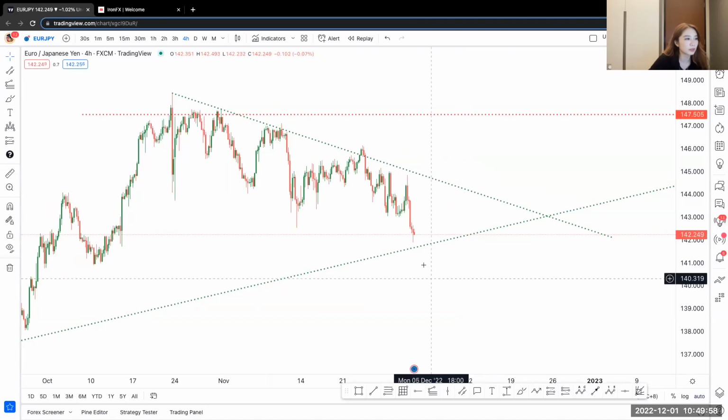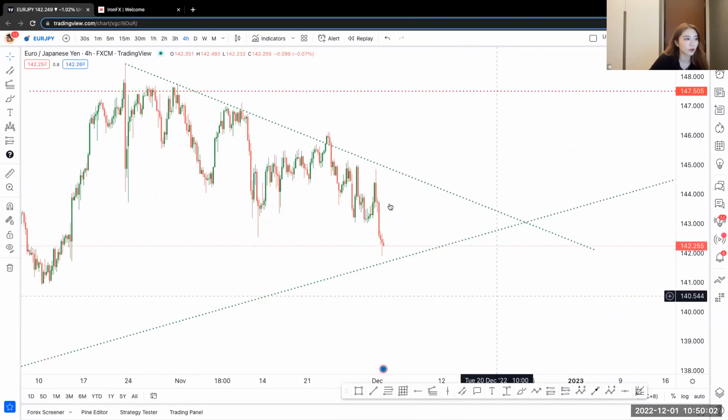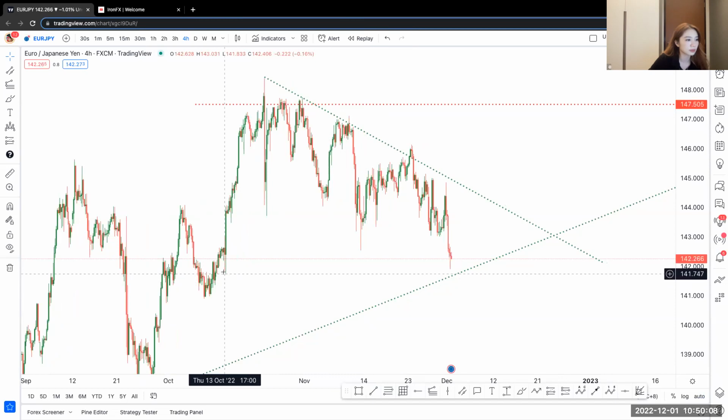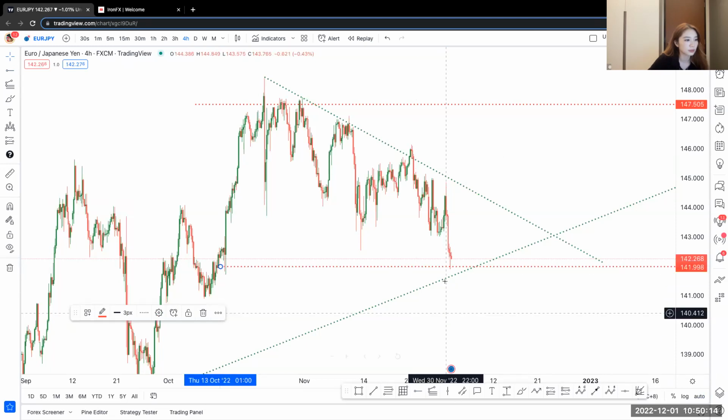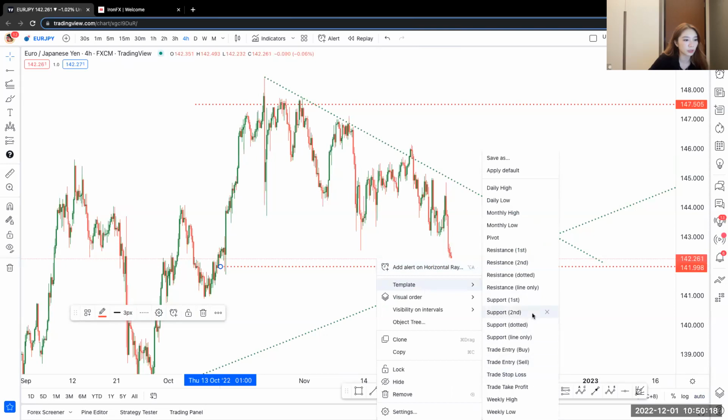So we should be looking at trades within triangle movement before it breaks out of the trend. This is what I'm looking at. Let's just say our triangle is supporting.